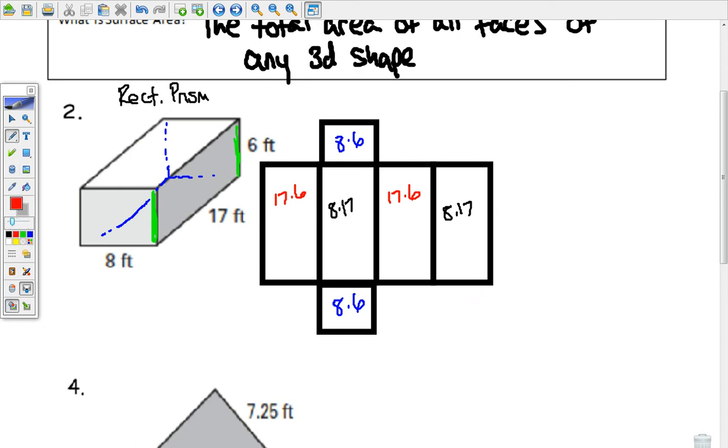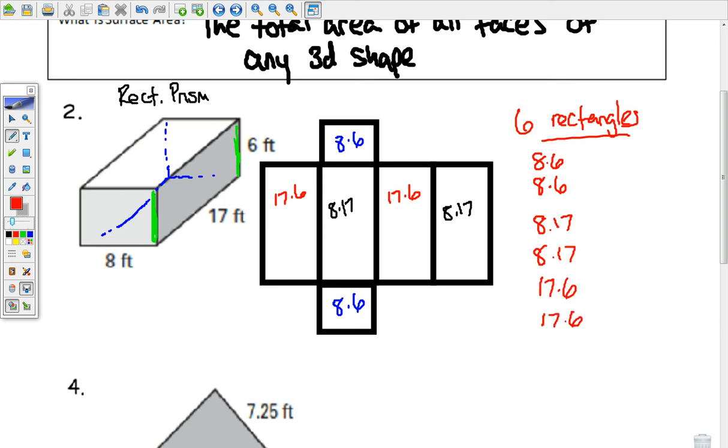So when I'm going to have you actually do it in class, I'm going to say, there's going to be 6 rectangles. And I do want you to write this down. We had an 8 by 6, another 8 by 6. We had an 8 by 17, an 8 times 17, and we had a 17 times 6. Twice of the 2 of those.